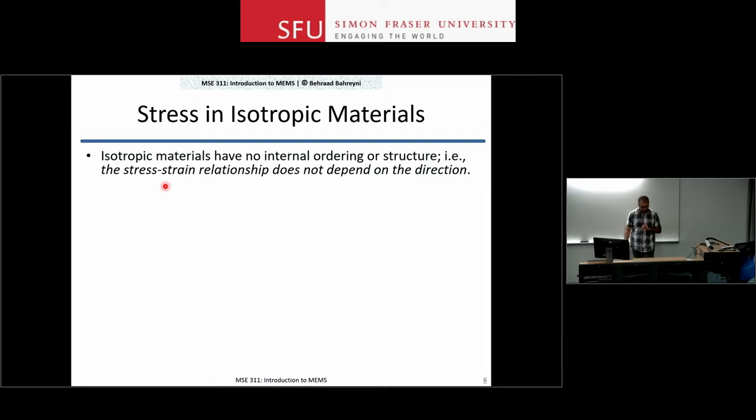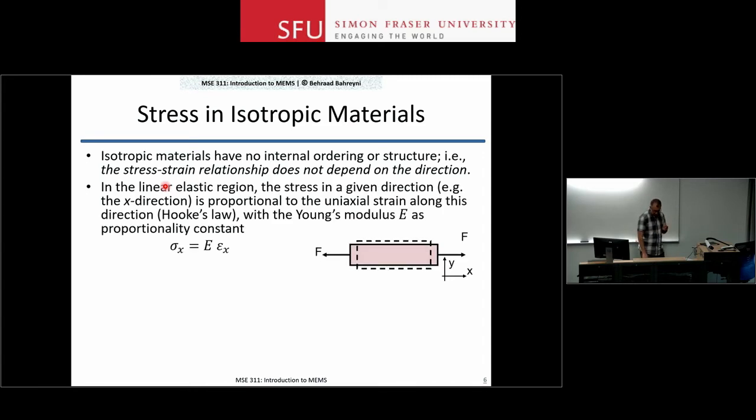Now, if your material has an isotropic response, mechanical response in this case, if there's no internal structure or order, then the stress-strain relationship, you do not expect it to be direction dependent. If the material is the same when you look at any direction, you expect the mechanical response to be independent of the direction.